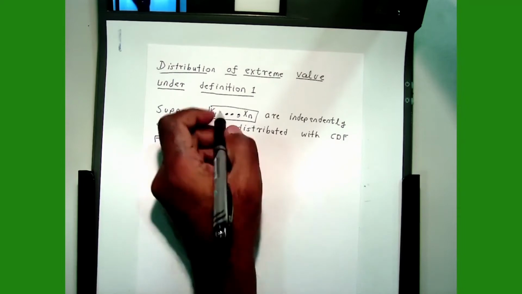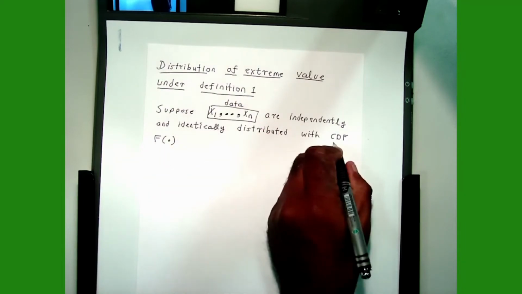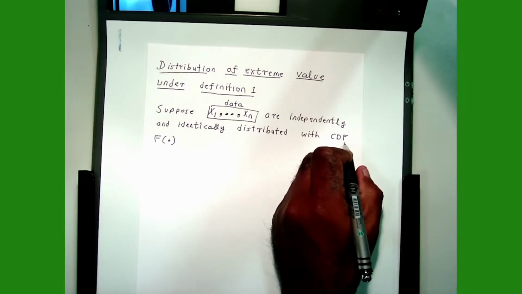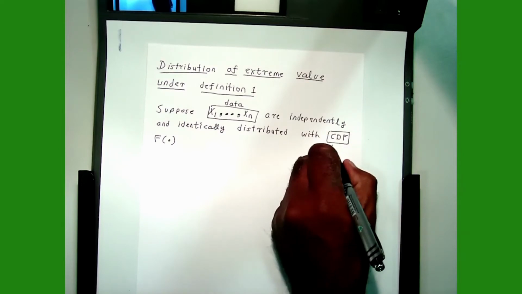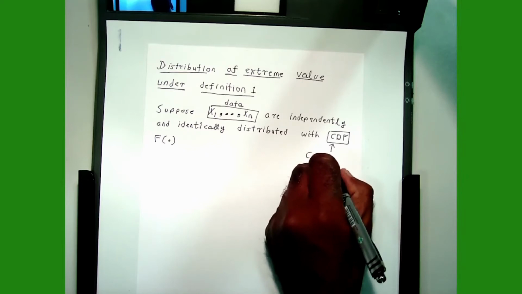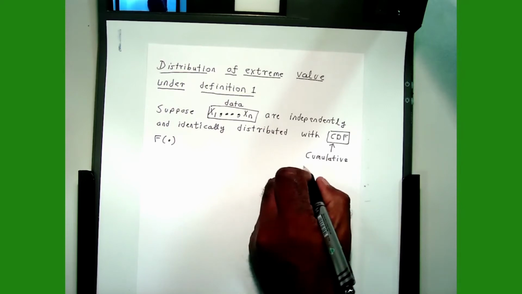So these are the data. And the CDF, I'm sure you know what CDF is. If you don't know what it is, I'll write it down. It's the cumulative distribution function.